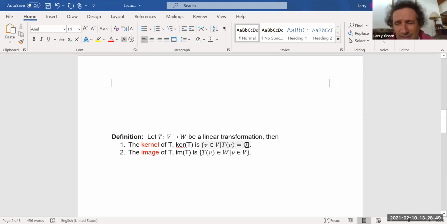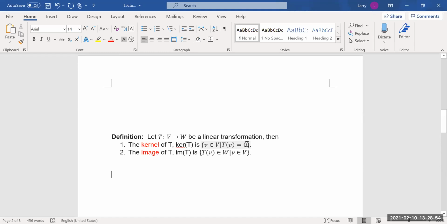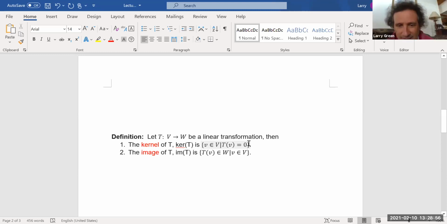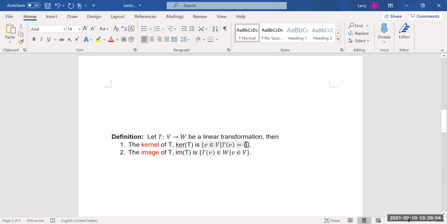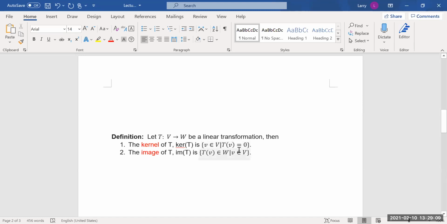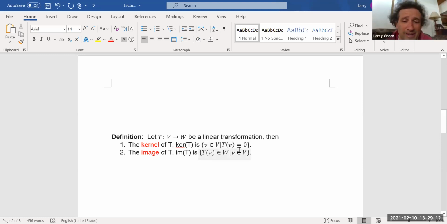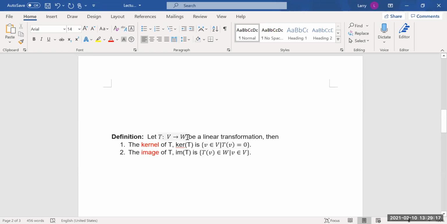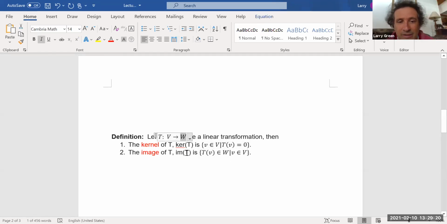By the way, is this 0 the number 0? No, it's the vector 0. It's a vector, and the vector in what universe? Not necessarily 3 dimensions. It could be 100 dimensions, but in particular, in W. Notice that this is the 0 in W, not the 0 in V, not a 0 in R3 necessarily.